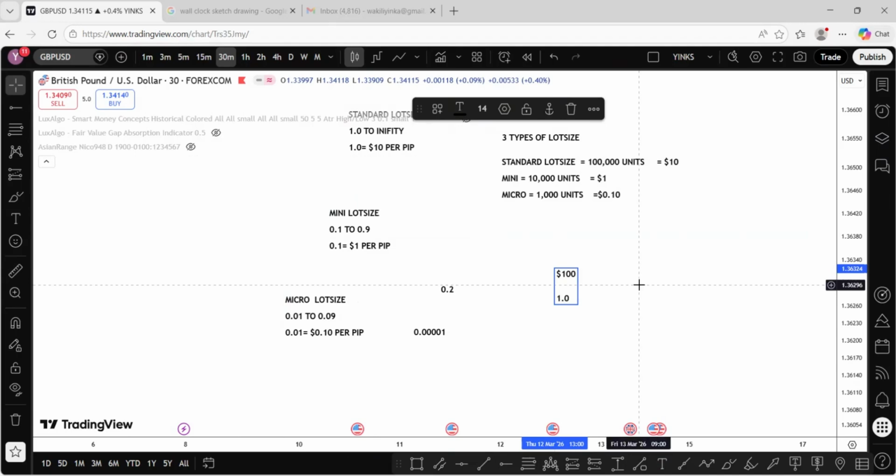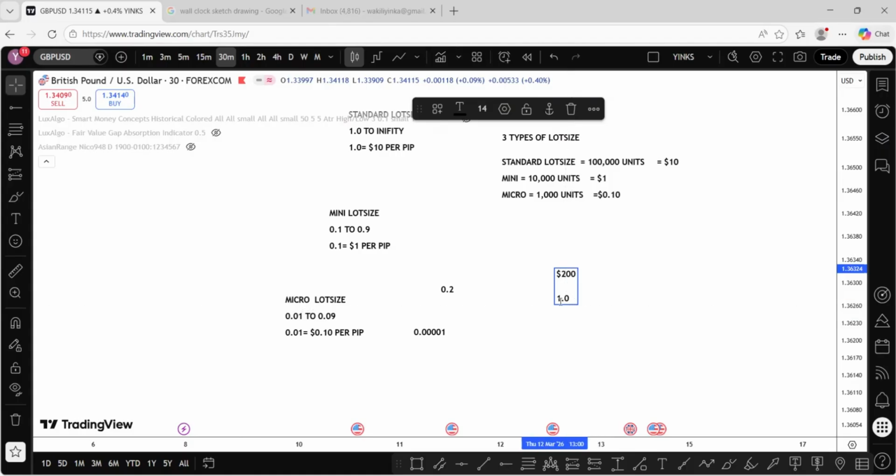Price is now going against you, and you are losing $10 per move. How many moves are going to cost you $100? 10 moves. That's 10 pips against you, $100 is gone. If you have $200 capital and price is going against you, 20 pips, $200 is gone.